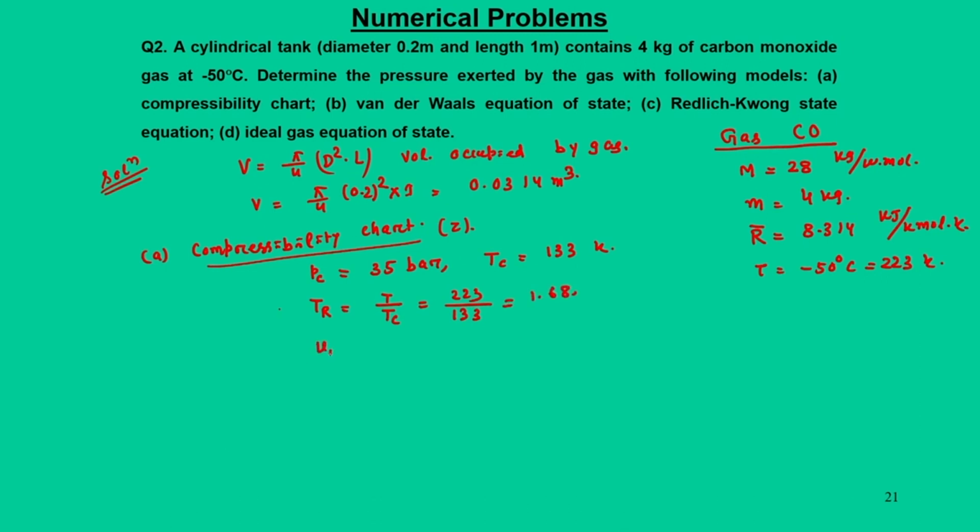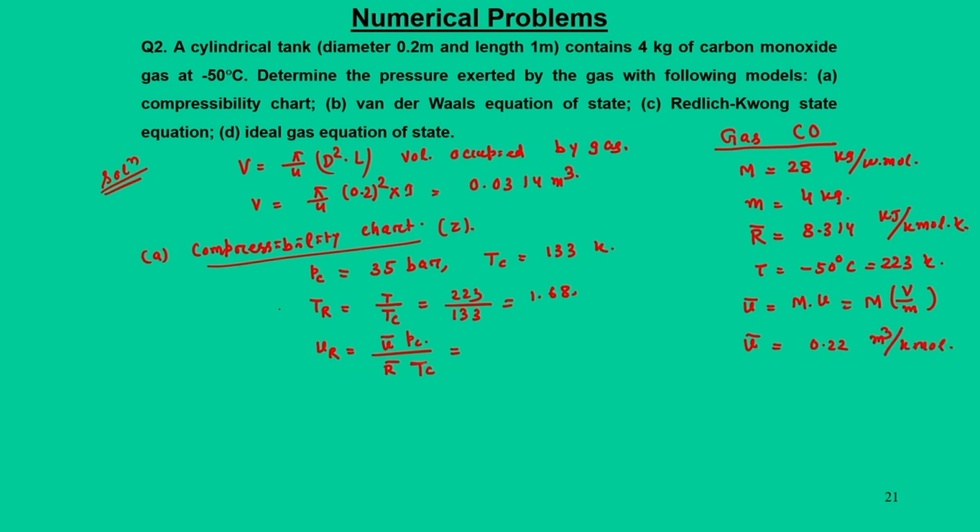Then we can find out VR, which is V bar divided by R bar into TC by PC. The molar volume V bar we can find out as M into V, that is equal to M into V by M. That V bar turns out to be 0.22 meter cube per kilomole.